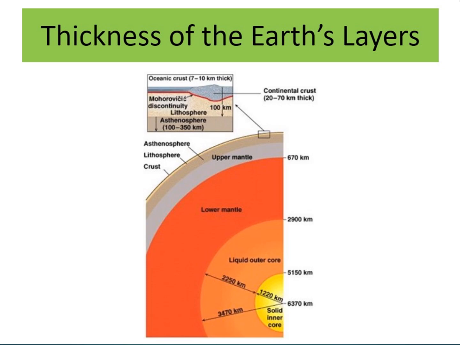Also, there are two layers of the core, the outer core and the inner core. The outer core is also called the liquid core because it is in the form of liquid. And the inner core is a solid inner core.